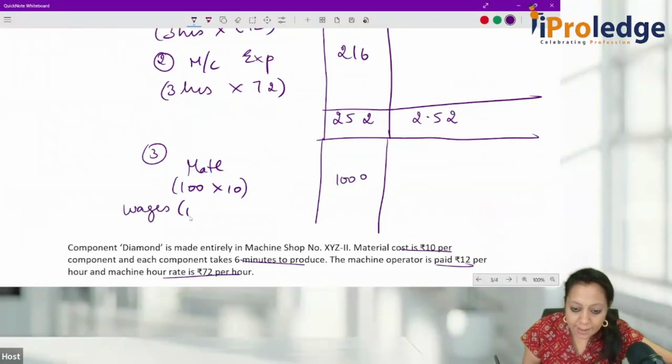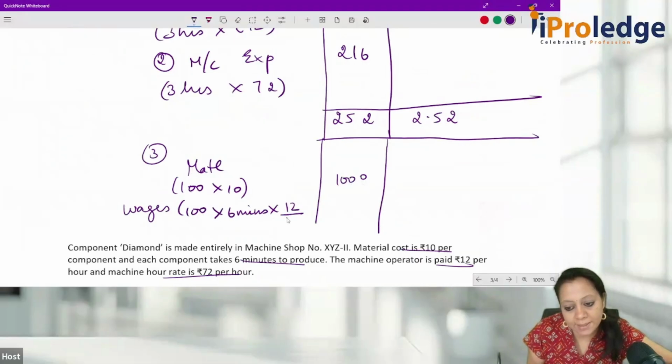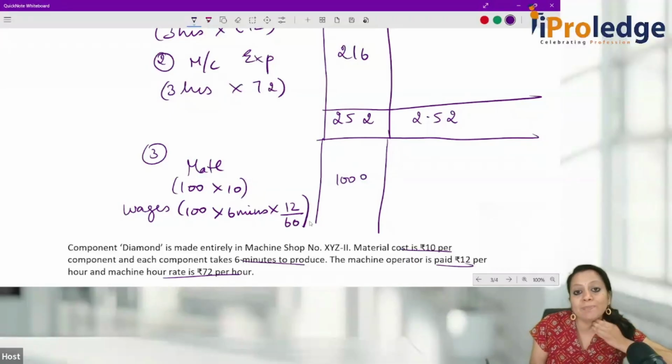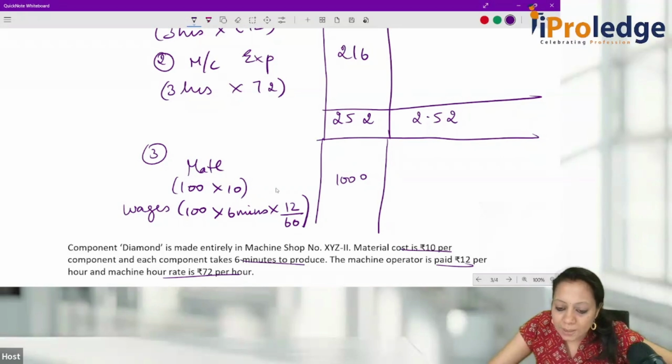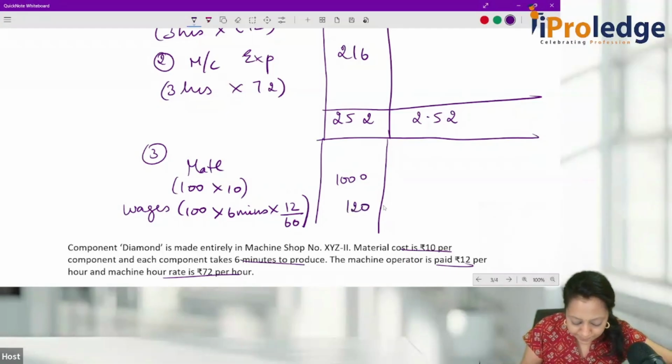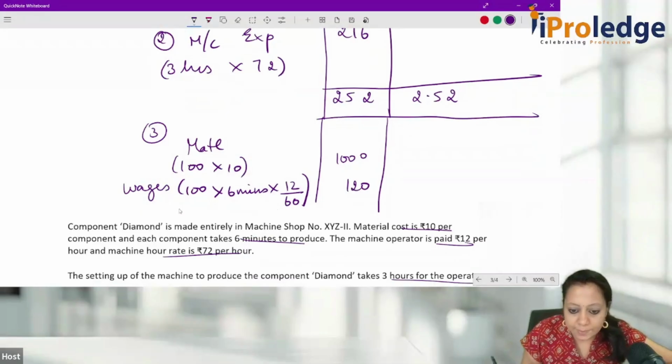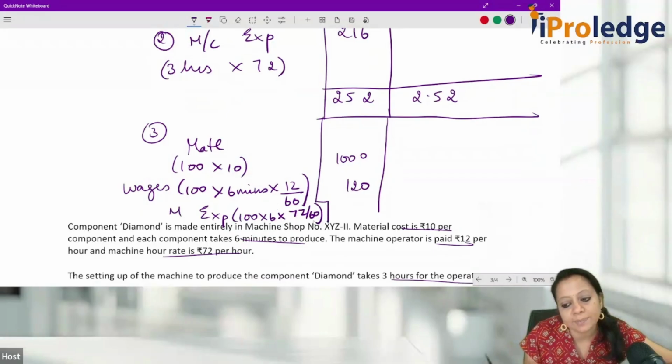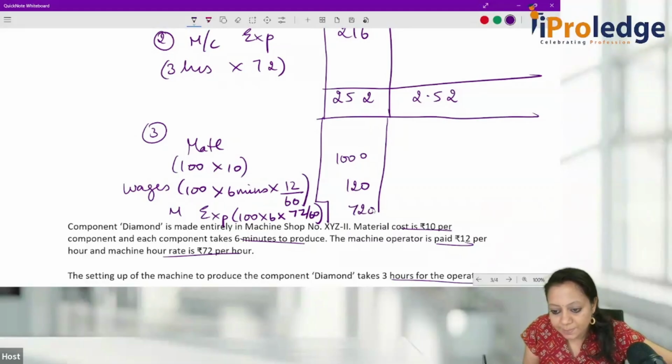Wages, very important. 100 into 6 minutes into 12 rupees divided by 60. Am I correct, ma? Amazing. So it is going to be, yes, dear, 120. And now the machine expenses will be 100 into 6 minutes into 72 rupees divided by 60. Yes, ma. Super. How much are we getting there? 720. Wonderful.